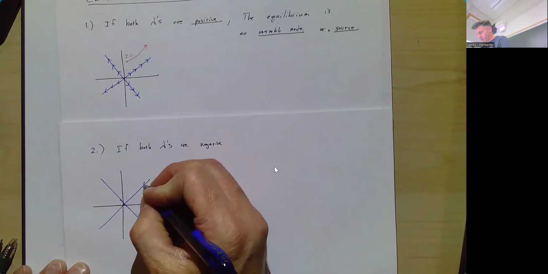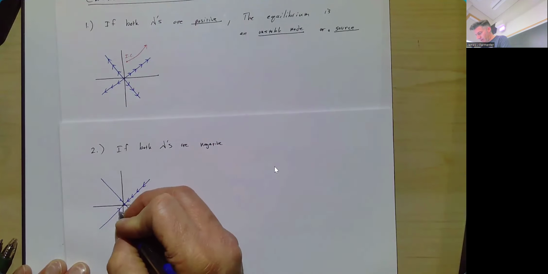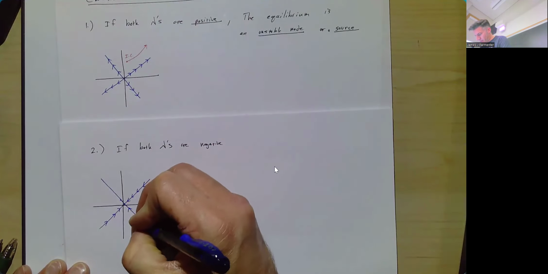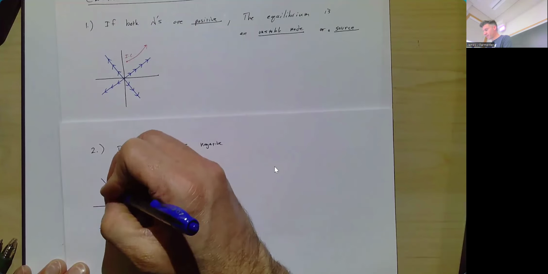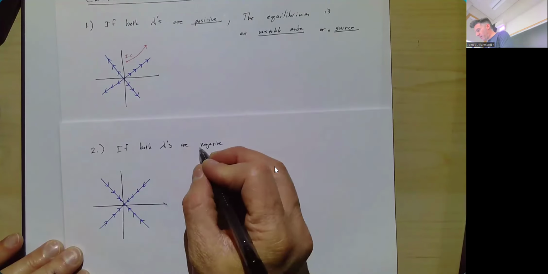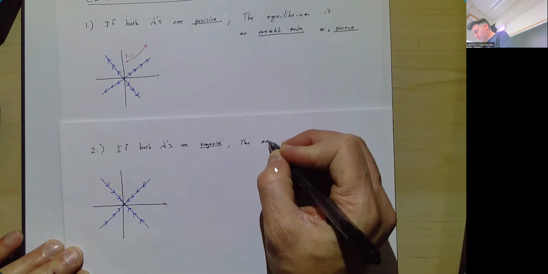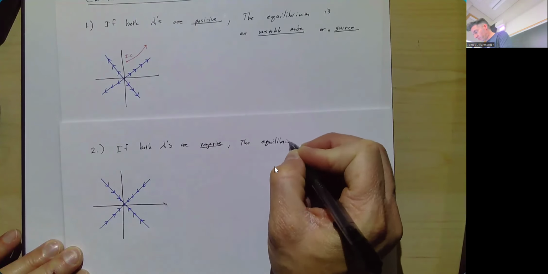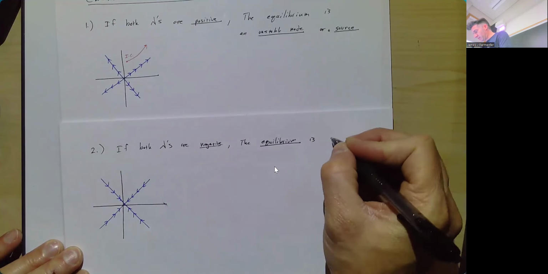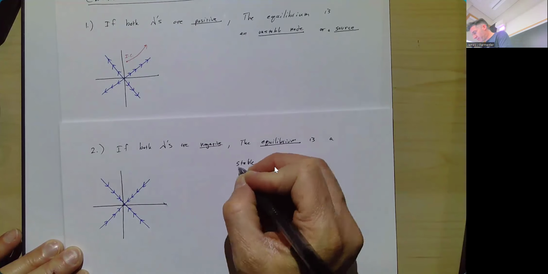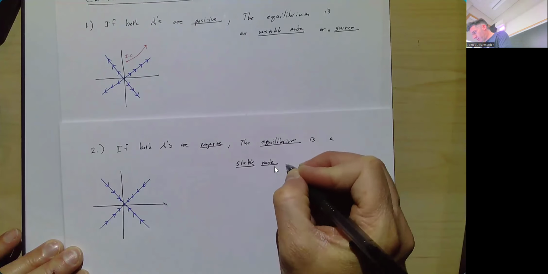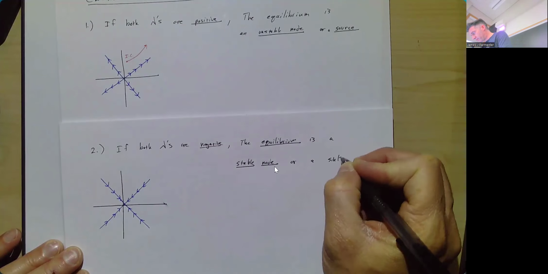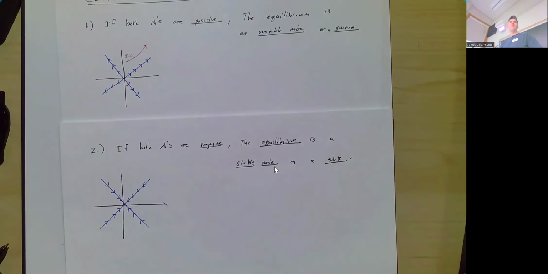But now along the eigenlines, we're going to be pointing inward because our eigenvalues are negative. Then the equilibrium, still 0, 0, is a stable node, also called a sink. I kind of think of it like a drain. Here, all the water is draining into the hole, whereas the source is like all the water coming out of the faucet.